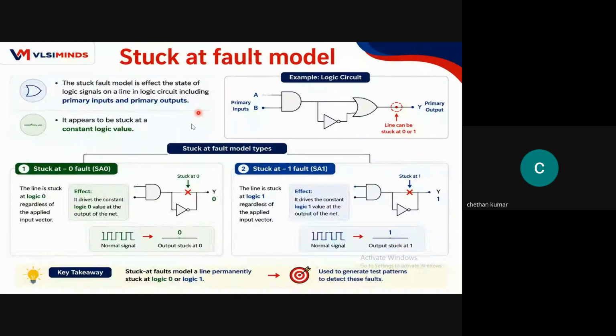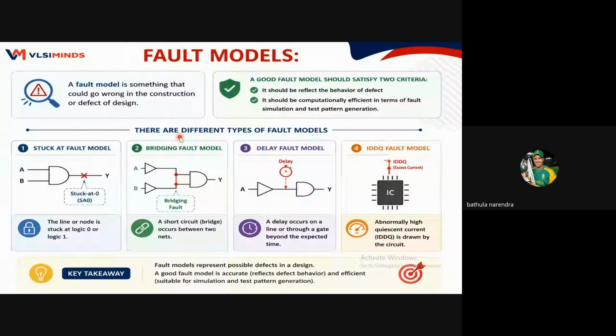Whatever test patterns we are generating, we generate stuck-at fault patterns separately, and transition faults and path delay faults separately. We have separate methods and separate switches to enable the tool to generate patterns under stuck-at and under transition.